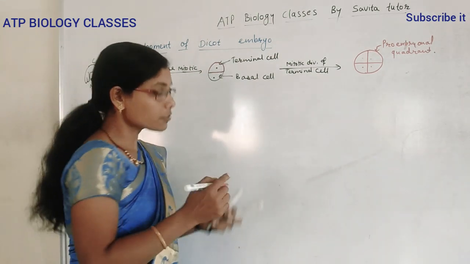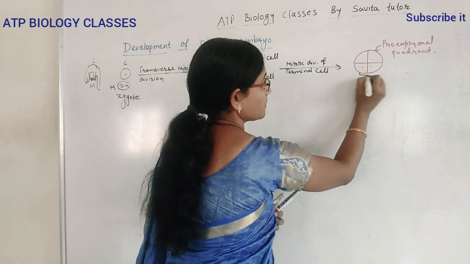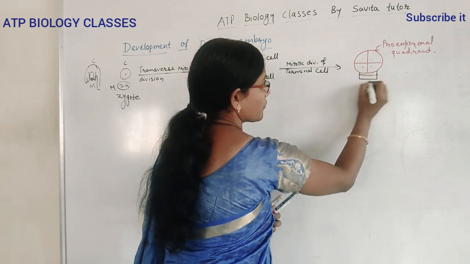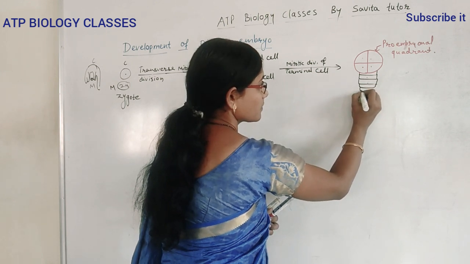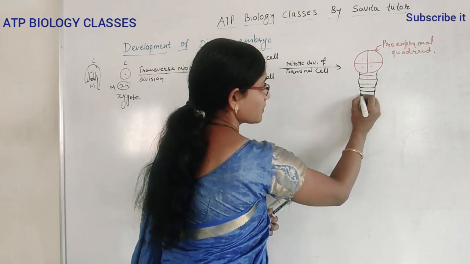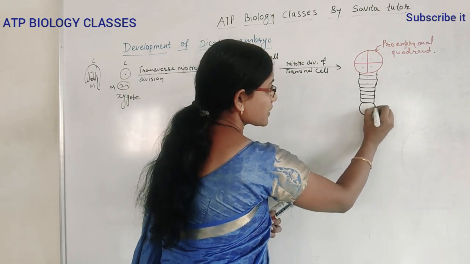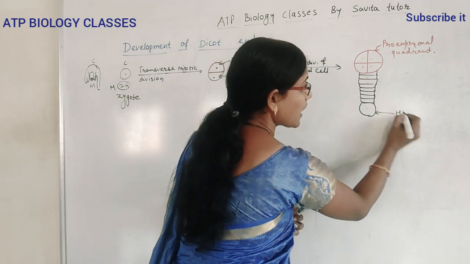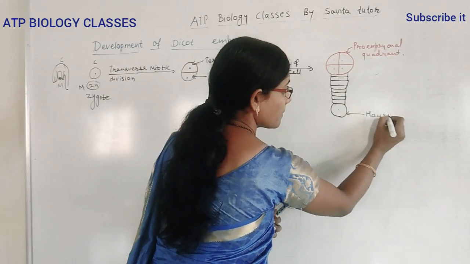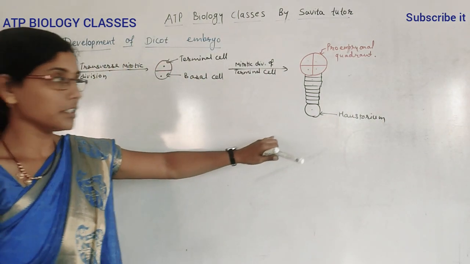Now this basal cell also will divide and will form 8 to 10 cell structure, which is called suspensor. The last cell is the haustorium, not hypophysis, haustorium. Right, which is named in a different manner.